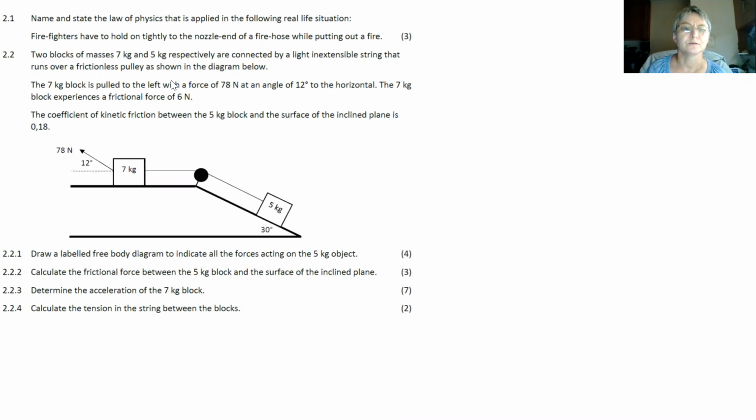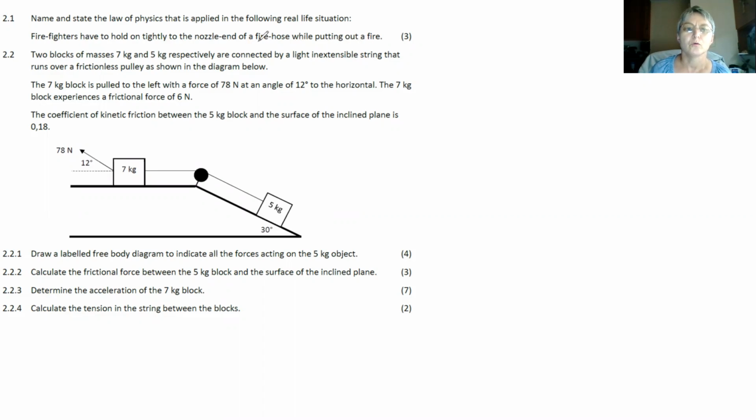The first part of the question is rather straightforward. Name and state the law of physics that is applied in the following real life situation. So, a firefighter has to hold on tightly on the nozzle end of a fire hose while putting a fire out.